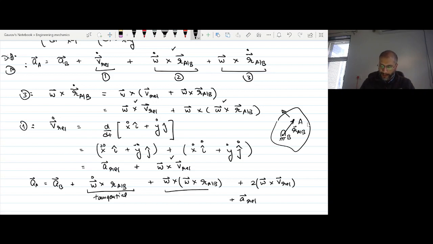Now let's look at the second term. This is omega, so omega cross R gives us a tangential term. Then if we take omega cross that term, with omega outside the plane of paper, crossed with the tangential term, that gives a term in the negative R direction. So that's the centripetal acceleration. And then this third term, if you recall from the first week of lecturing, this is the centrifugal term.